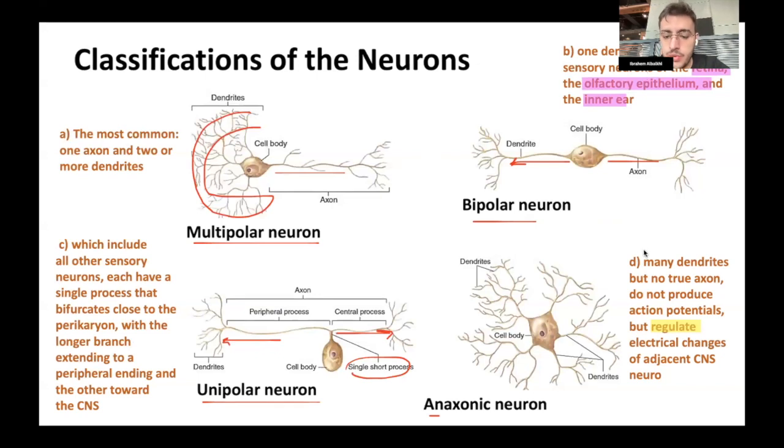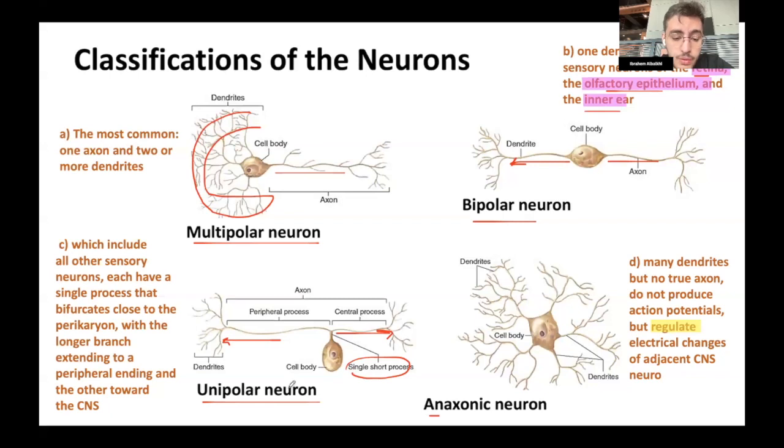It's important to get an idea of the morphology of these cells. However, it's more important to understand where these cells are. So bipolar neurons are usually found in the retina, the olfactory epithelium, and the inner ear. The way you can memorize this is by thinking that these bipolar neurons are responsible for special sensation. The multipolar neurons are usually the most common neurons. They're found everywhere.